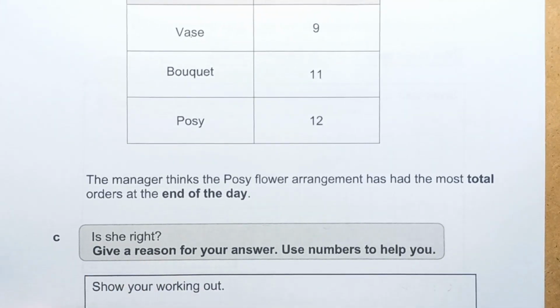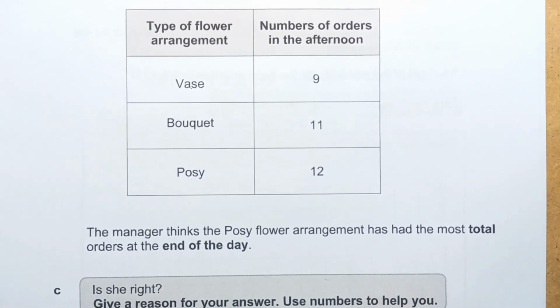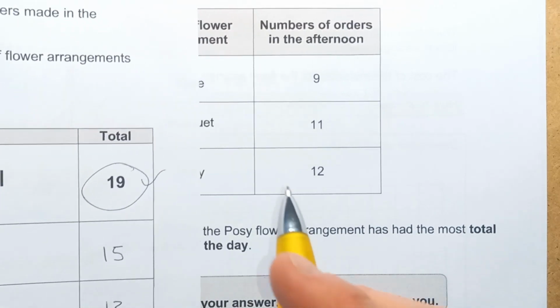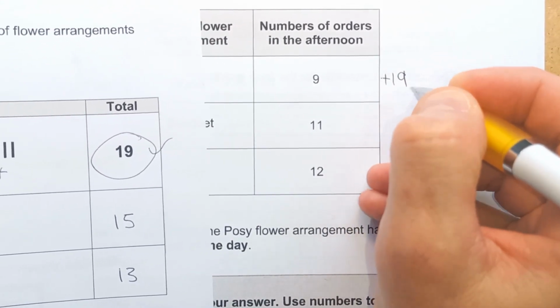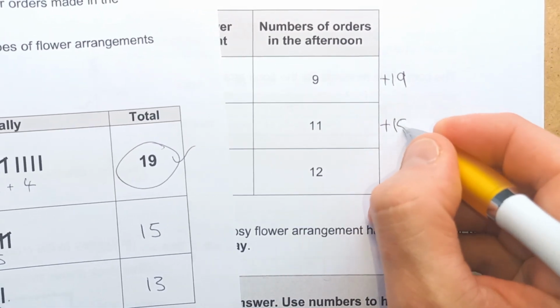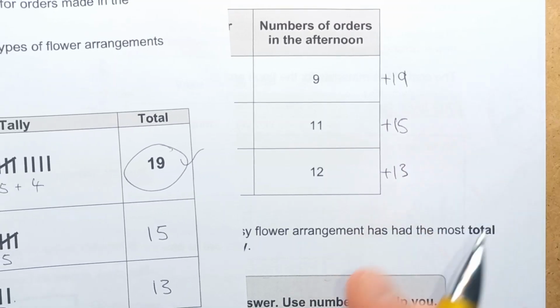Give a reason for your answer. Use numbers to help you. Right, so what we need to do is add in the numbers we had from before. So for the vase, we had 19 originally. For bouquet, we had 15. And for posies, we had 13.